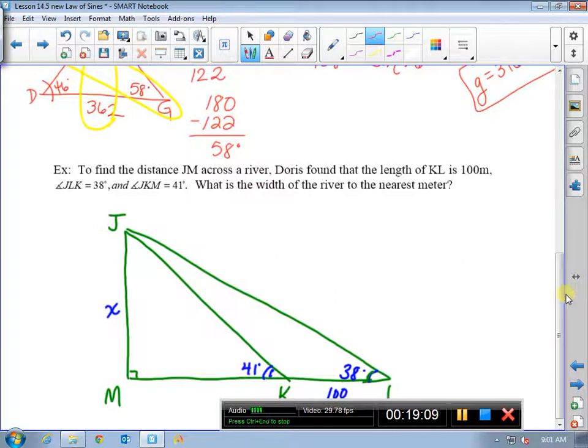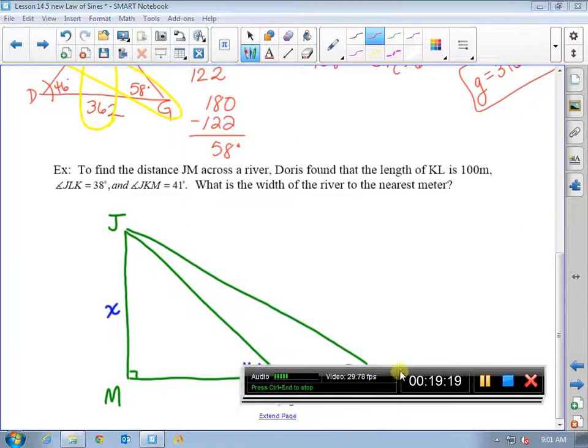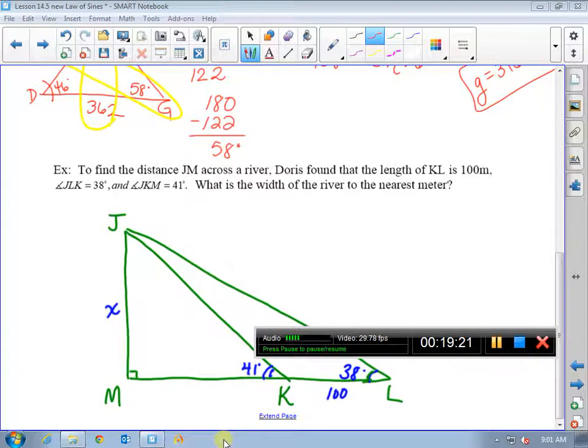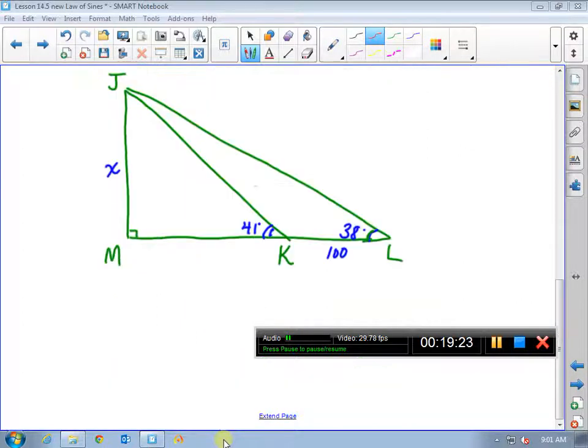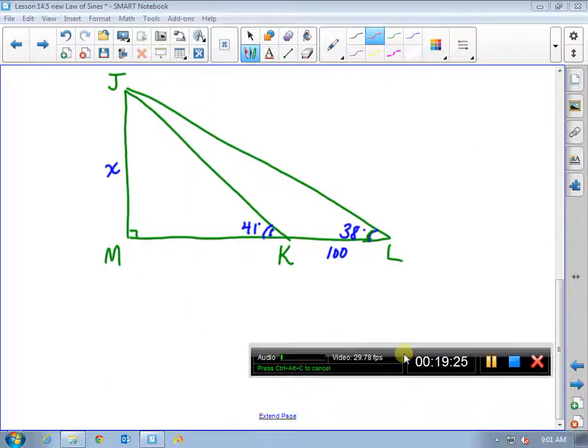And our last example is a word problem. And the picture is already drawn for you here. Let's take a look at what they're asking us to do. Let me move this out of the way so I can extend the page. Okay.